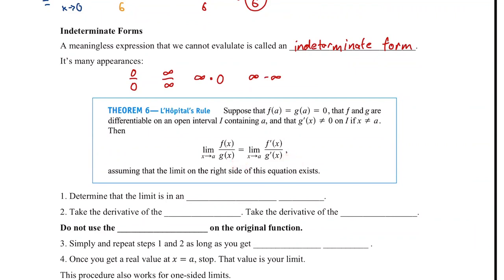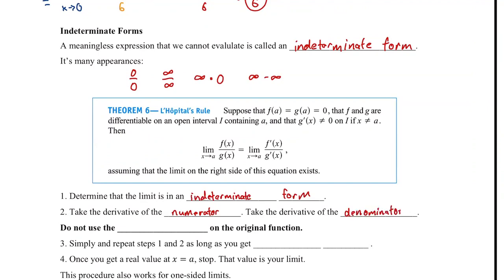So the steps: 1, determine that the limit is in an indeterminate form. Then take the derivative of the numerator and take the derivative of the denominator.